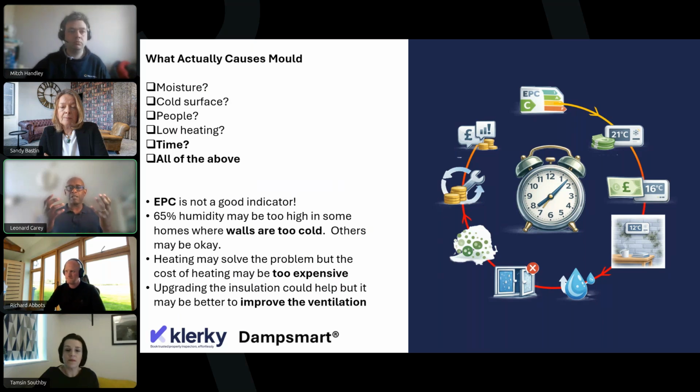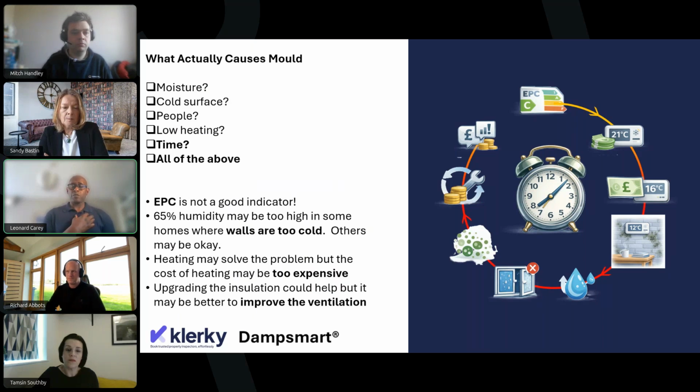Moisture builds up. You may not want to open your windows because it's cold enough and you don't want to lose the heat. So again, it gets trapped in, and then moisture condenses, mold starts appearing, and then that's when cost starts happening. So it is that thing about understanding. It's not just one thing.